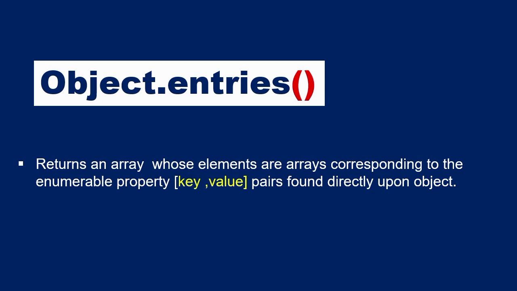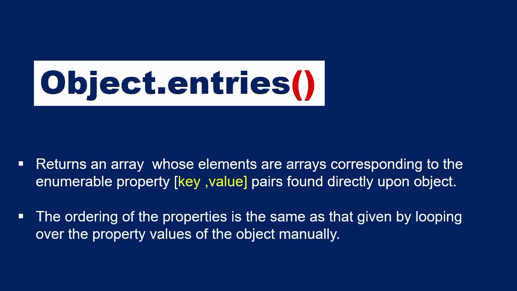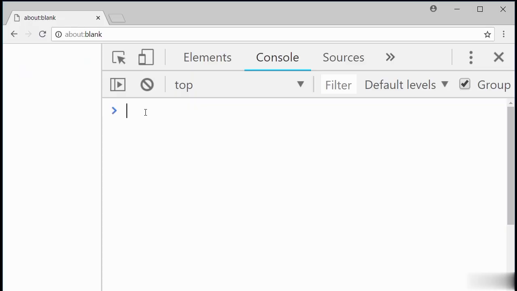The ordering of the properties is the same as that given by looping over the property values of the object manually. So let's create a new object using a const.